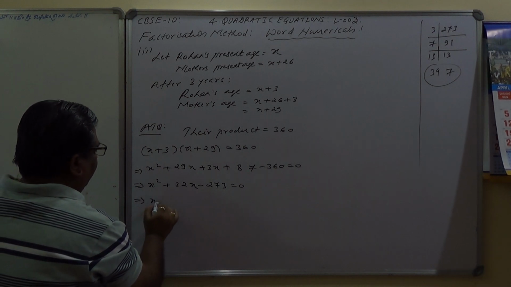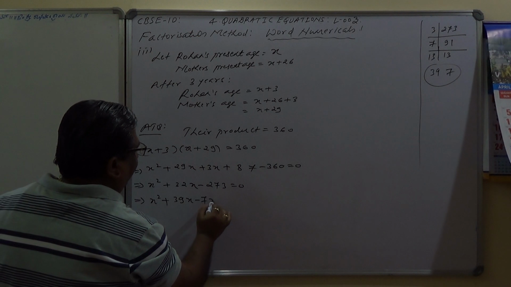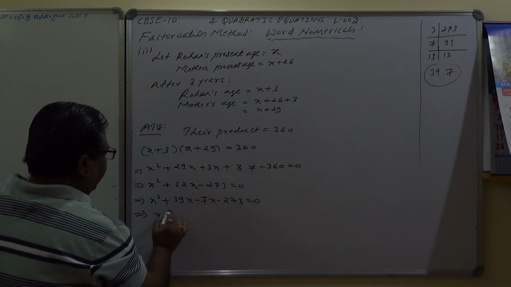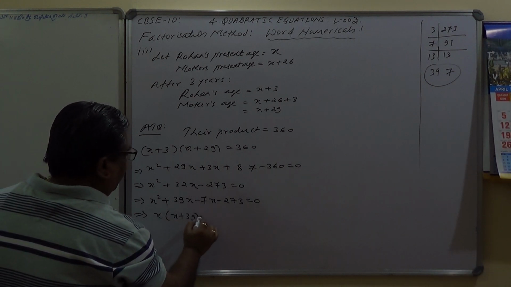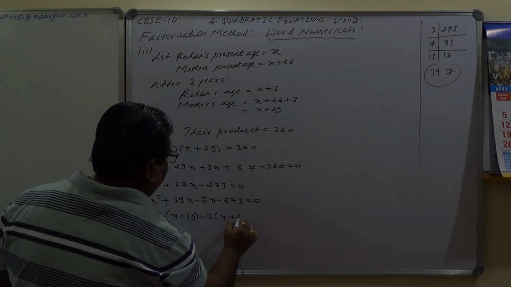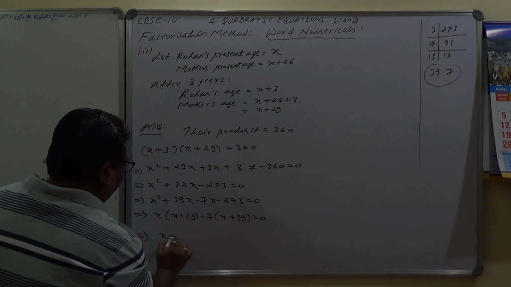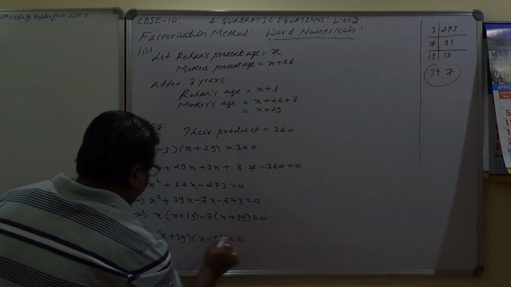So this equals x square plus 39x minus 7x minus 273 equals 0. This implies x is common here: x plus 39, and minus 7 is common, x plus 39 equals 0, which equals x plus 39 into x minus 7 equals 0.